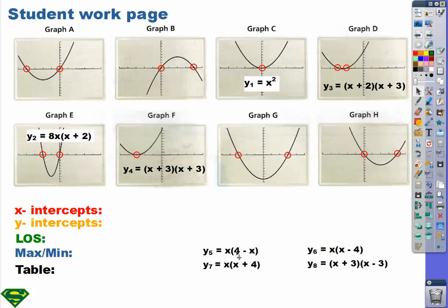This one's going to be 0 and +4, because 4 minus 4 is 0. This one's x-intercepts are going to be 0 and 4.